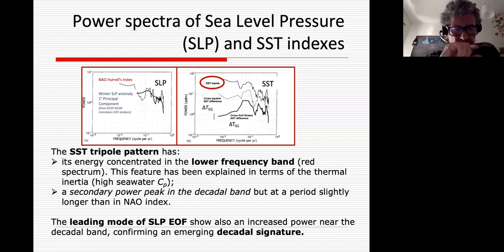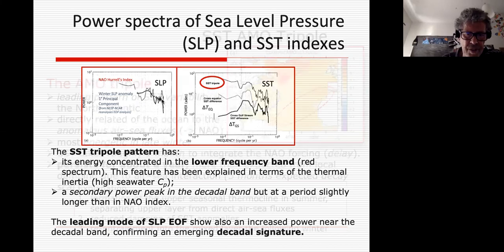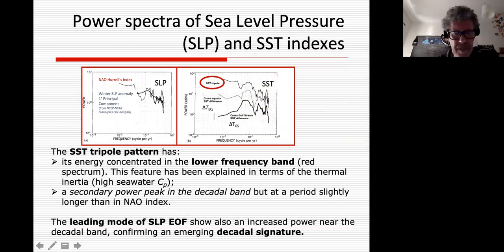So the sea level pressure spectrum is lower and perfectly matches the average of this decreasing pattern of the NAO index in frequency.